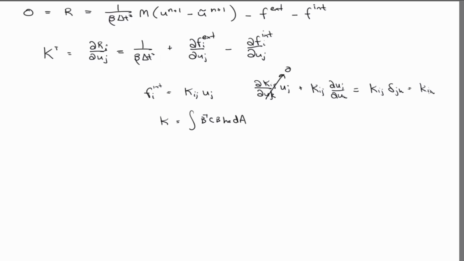So, in other words, that's just a long-winded mathematical way of saying, for a linear problem, that last term, partial F internal partial u j, is just a stiffness matrix.